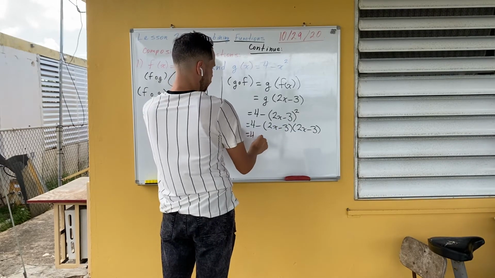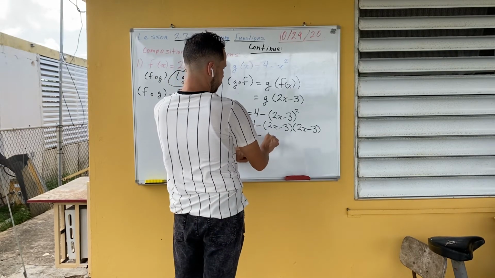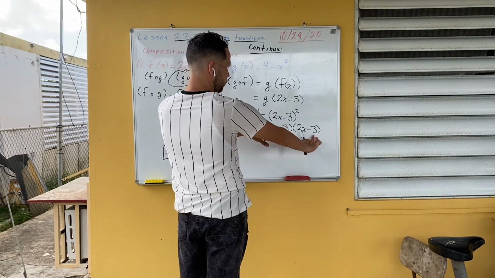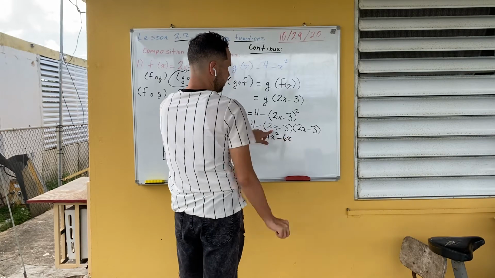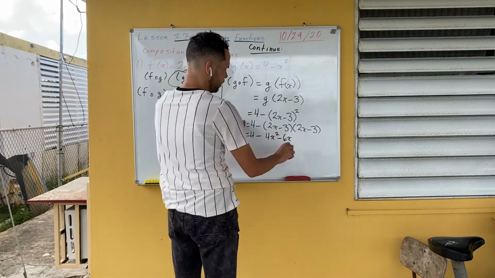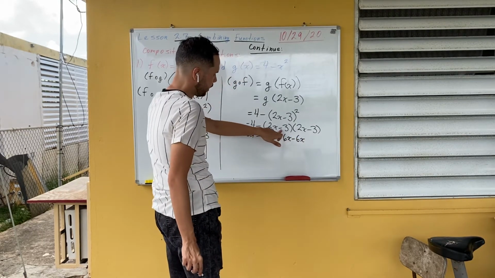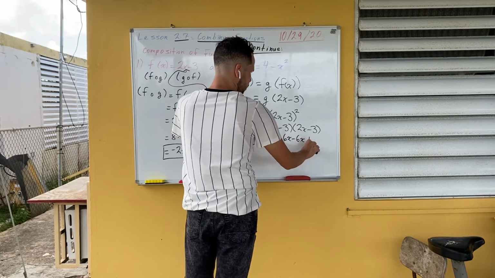It's going to be 4 minus 2x times 2x is 4x squared. 2x times negative 3 is negative 6x. And negative 3 times 2x is also negative 6x. And last but not least, negative 3 times negative 3 is positive 9.